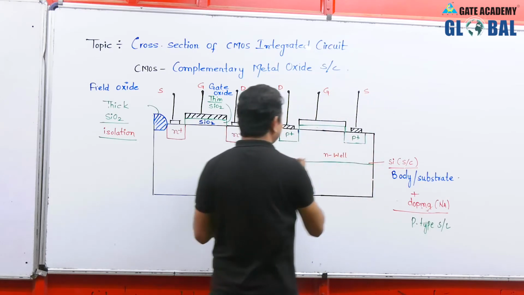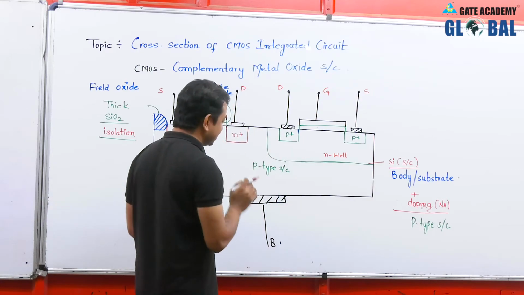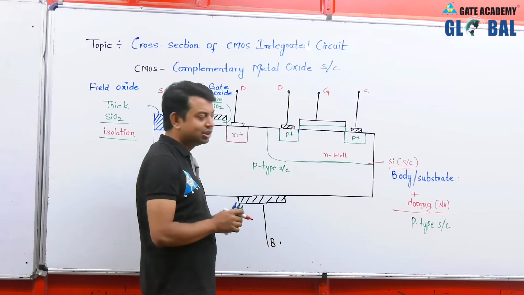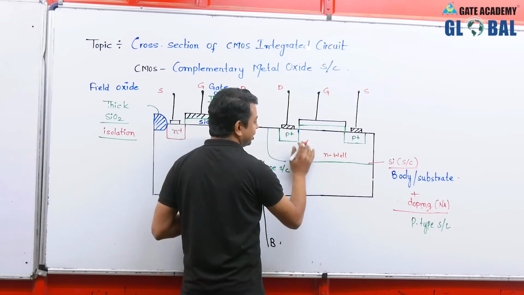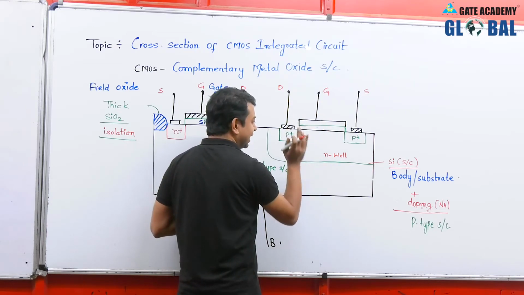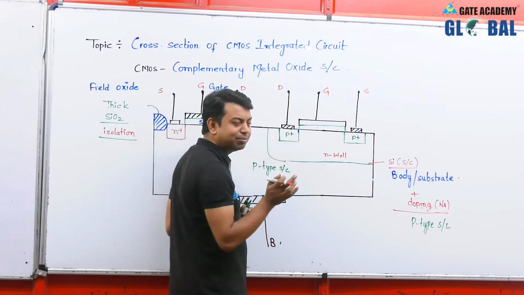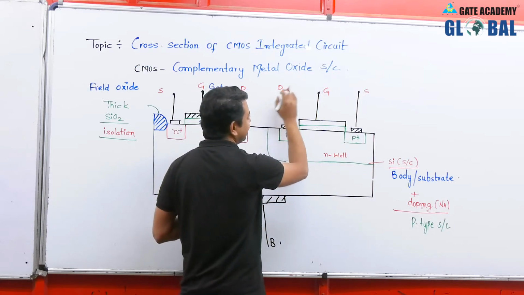So these are the two different devices which have been fabricated in a single p-type semiconductor. Now observe here, this is the N-well, that means the body or substrate of this PMOS is of N-type, and inside this N-type we have two heavily doped regions, P plus and P plus, which act as drain and source.